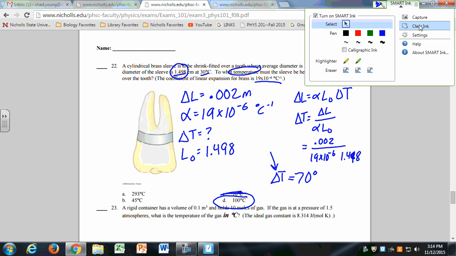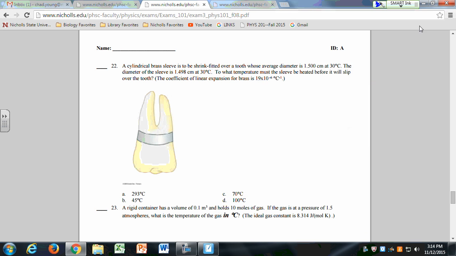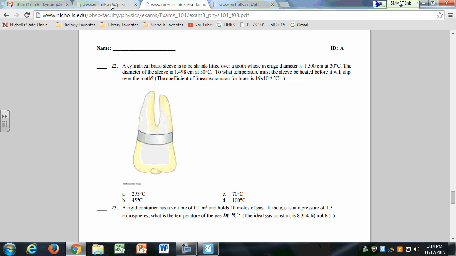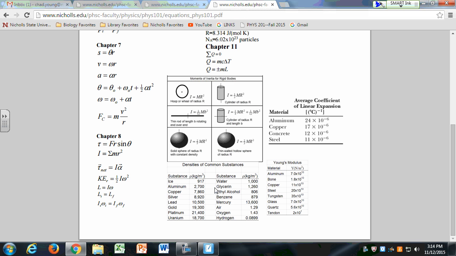Also remember, when something heats up, it gets bigger. That's the basic idea, and we had some problems in the concept test that were related to that. And also, based on their coefficient of linear expansion, things will expand by different amounts.